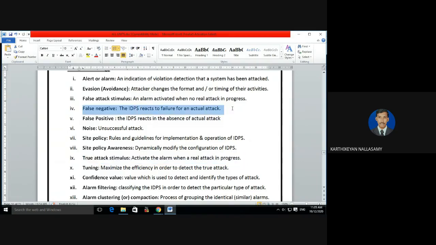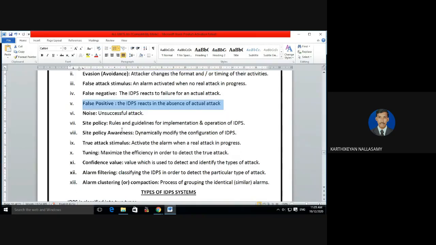False negative means a real attack is happening but the alarm does not work. And a false positive is when the system raises an alarm, but an actual attack is not there. Clear? That is the reverse of false negative.